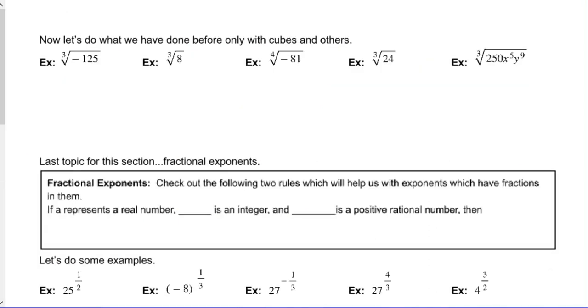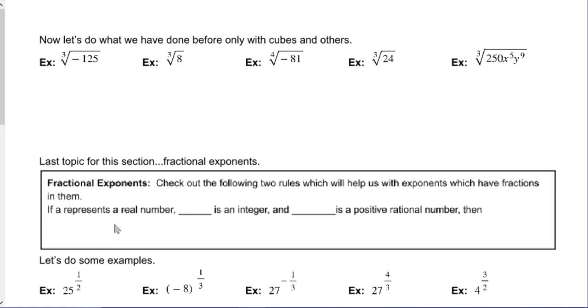What do I mean by that? Let's look at these here and see if we can simplify them when now I have an index out front. Oop, I got a 4 in there too. We'll have to think about that one. Simplify with cube roots. So now instead of asking ourselves, what do we multiply by itself twice to get that number underneath, we're wanting to know, what do I multiply by itself 3 times in order to get negative 125 in this first instance?